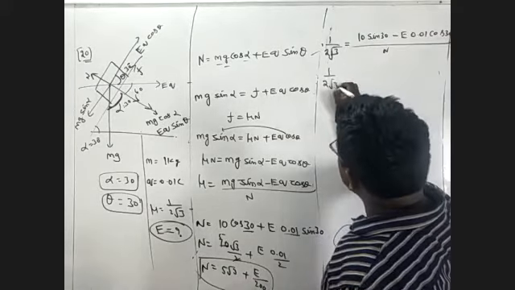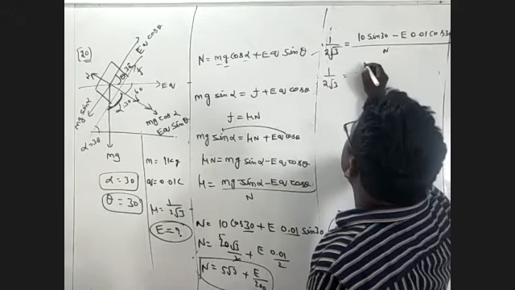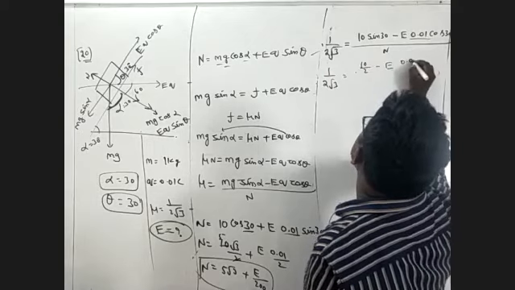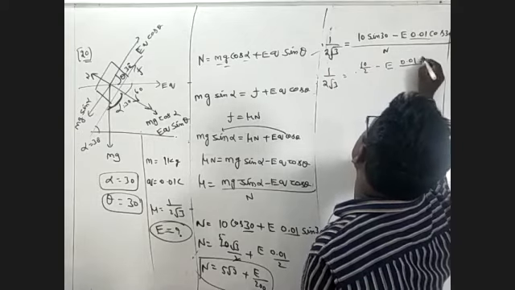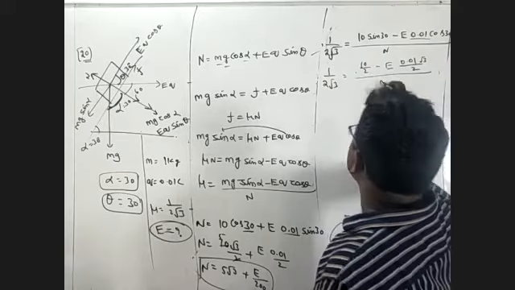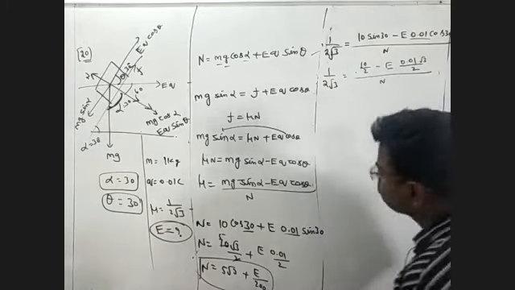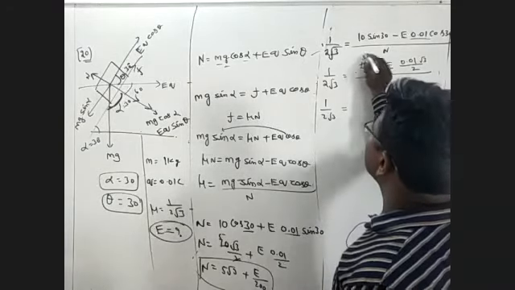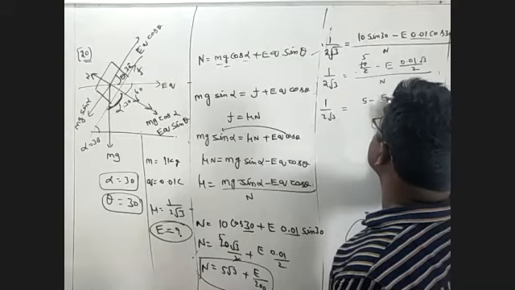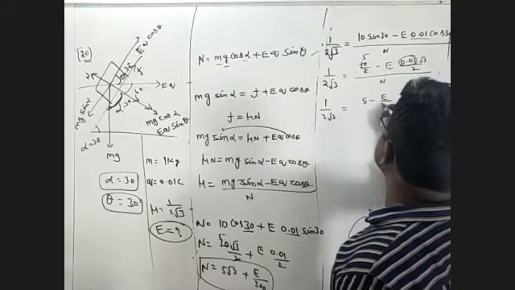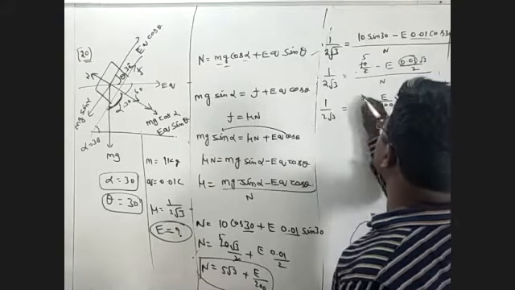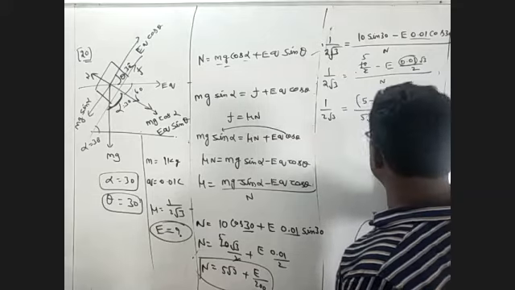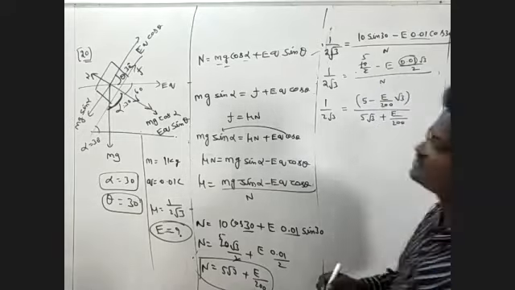So 1 by 2 root 3 is equal to 5 minus E by 200, times root 3, divided by N, which is 5 root 3 plus E by 200.